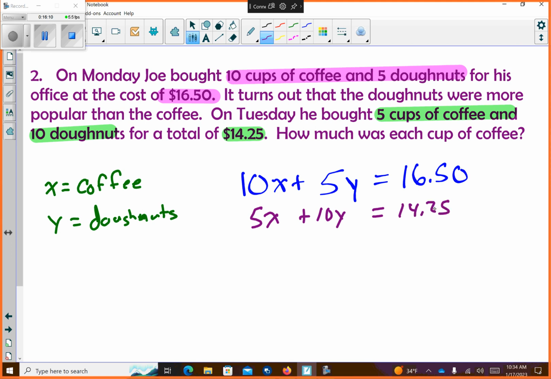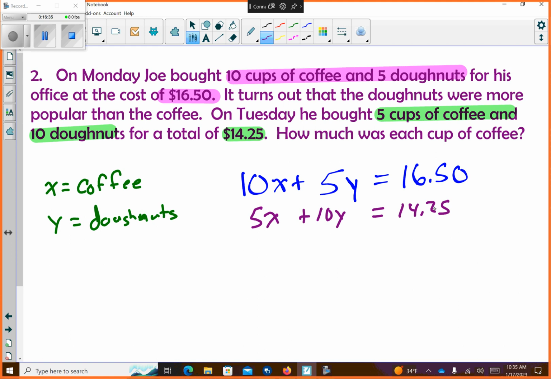Perfect. Great job. Okay, we have 2 equations. We have 2 unknowns. If I were to add these 2 equations together right now, does the x go away or the y go away as they sit? No, I get 15x plus 15y equals $30.75. That doesn't help me.